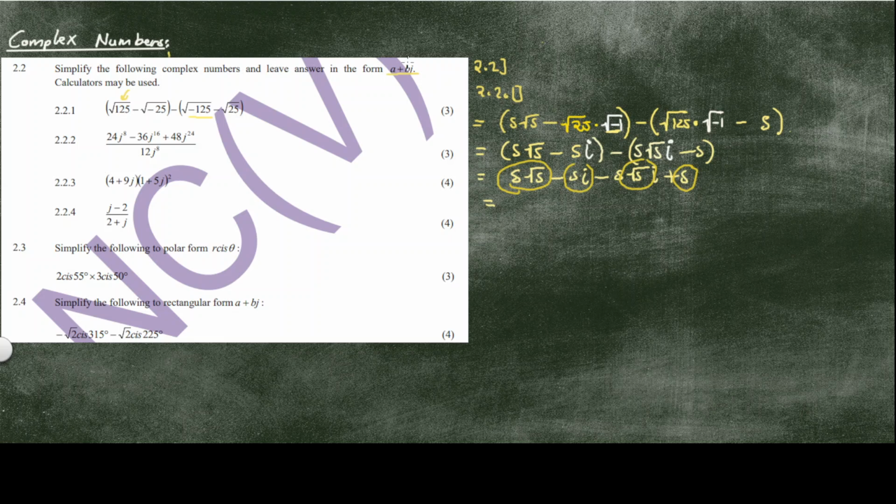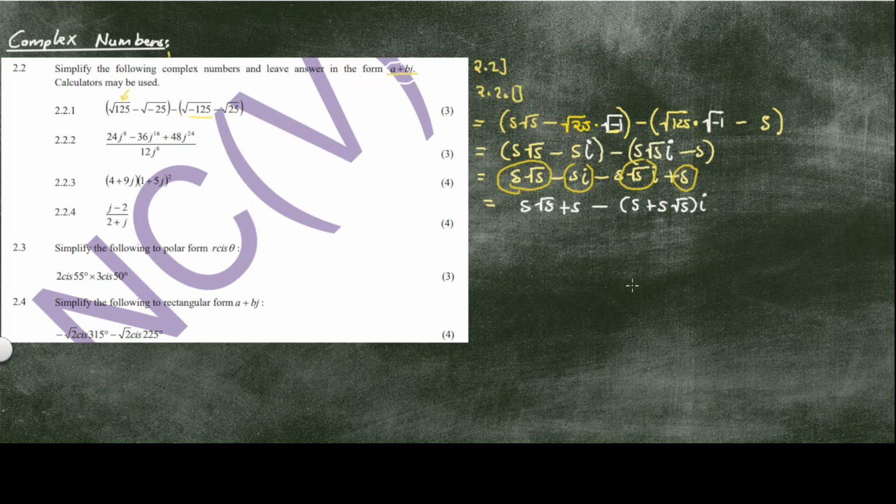Remember, it must be in the form a plus bi, right? So we're going to say 5 square root 5 plus 5. This is the a, right? It represents a. And then here it's going to be a minus, open bracket, 5 plus 5 square root 5, and the i outside the bracket.